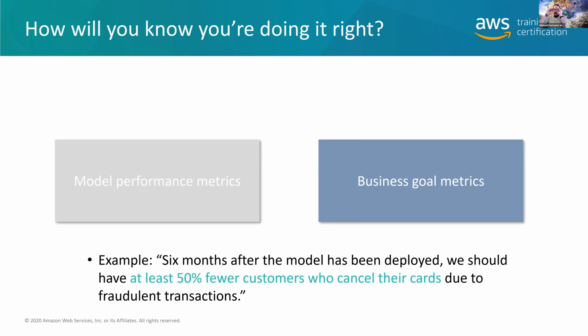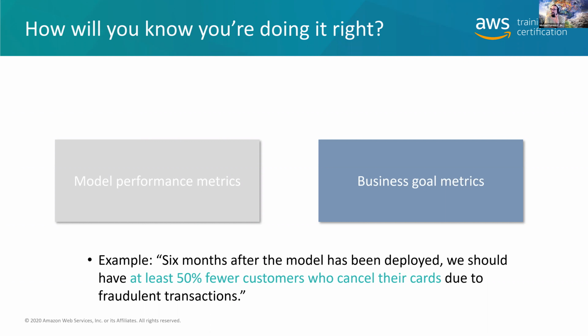To frame this up, we have a metric for what we want our model to achieve from an outcome perspective that was already derived when we formulated the business problem and then made it an ML problem, and then figured out how to feed the success of the ML problem into the business problem. What's the business goal, right? In this particular case, 50% fewer customers who cancel their cards due to fraudulent transactions.